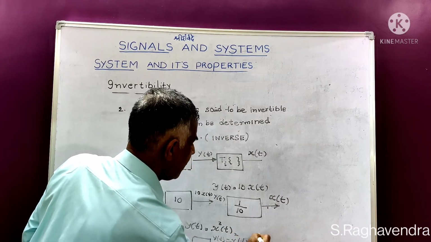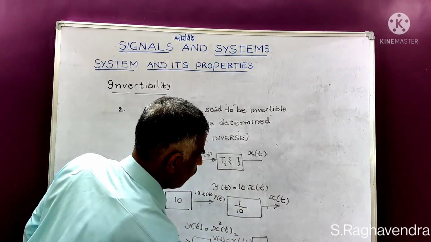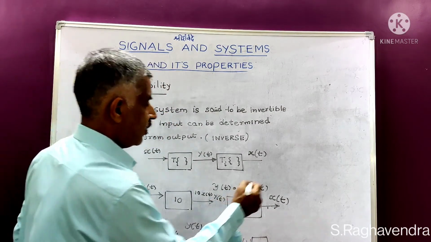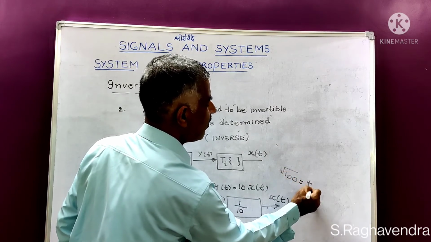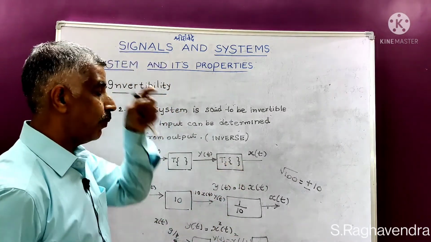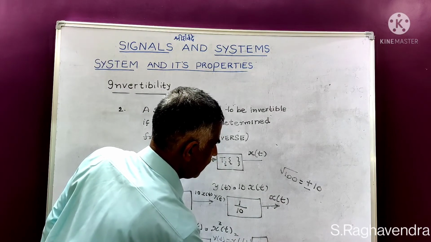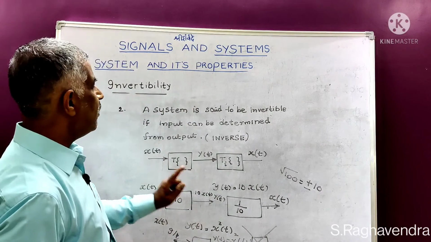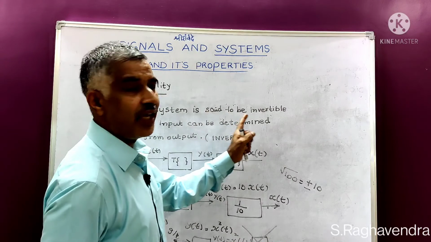But there is no square root block that recovers it, because the square root of 100 is plus 10 or minus 10. Both are possible. So you can't recover x of t here. Hence, this is not the inverse of the system. So the inverse of the system doesn't exist, and hence the system is non-invertible.